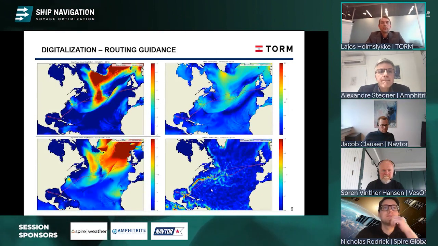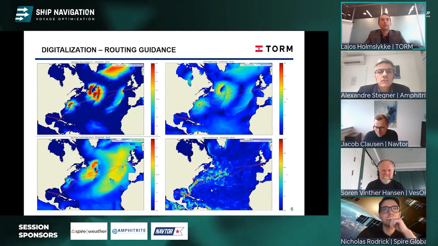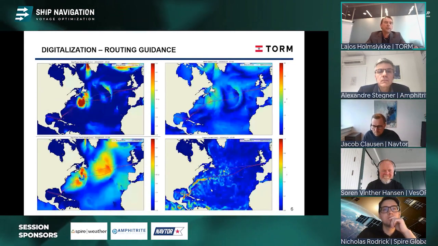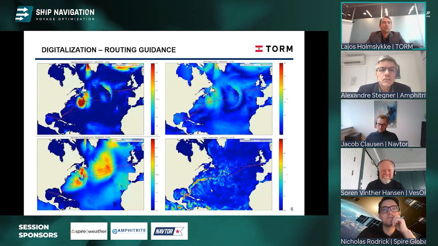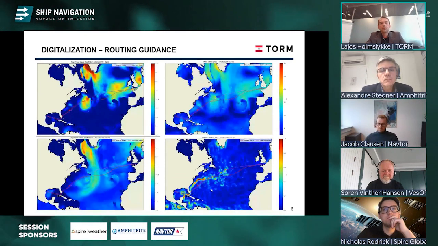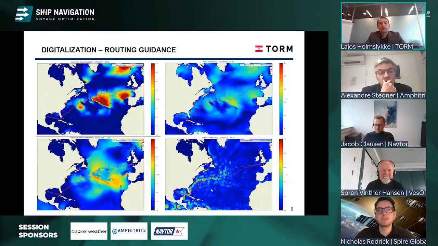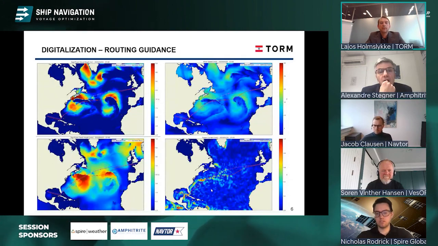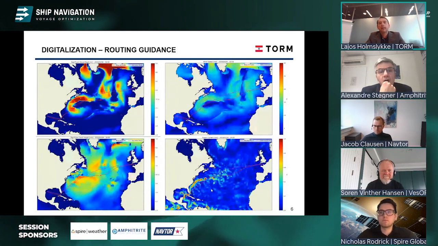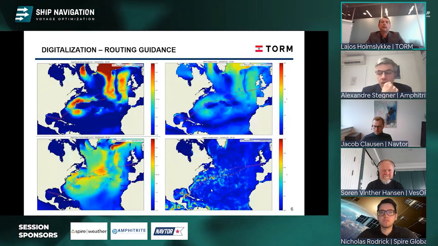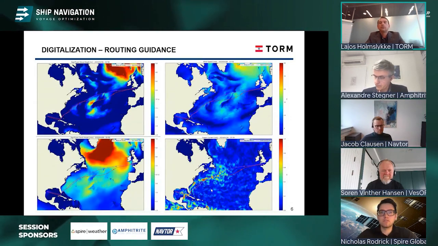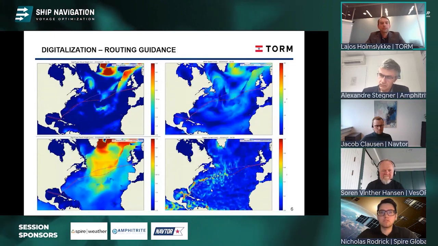How it works is that it looks up, and it's not simple at all, the wave height, the swell height, the wind speed, and also the currents. As Nicholas from Spire mentioned, these are critical parameters for optimizing your voyage, and it's also critical that you have a supplier with stable API deliverables on the weather so that you can use this in your forecasting.